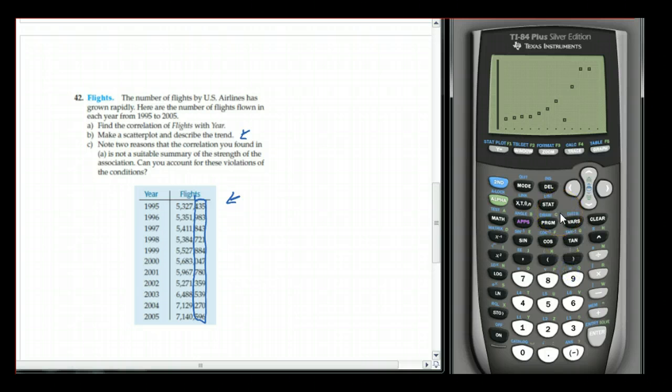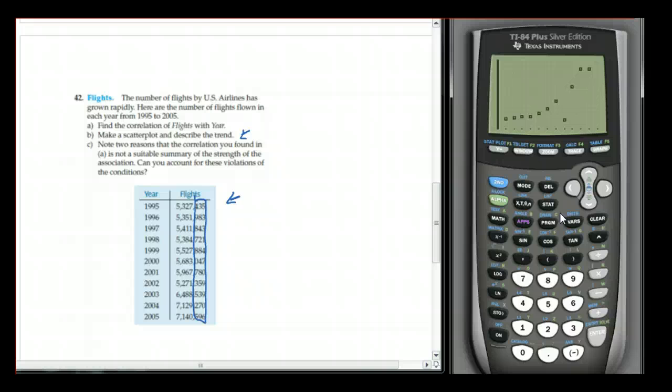All right, this one's a little bit interesting. I noticed a linear pattern for the first few, and then sort of a curving pattern for the last few. I also noticed an outlier, and if I look at my data, I see that outlier is 2002. We can talk about that in a second. So, describe the trend.